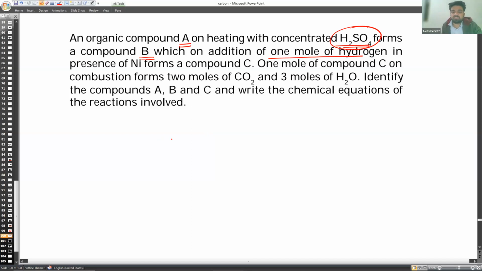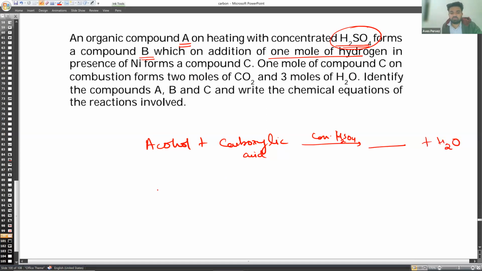The first case is when alcohol reacts with carboxylic acid to form ester. Then we use concentrated H2SO4, and it will give you ester plus water.